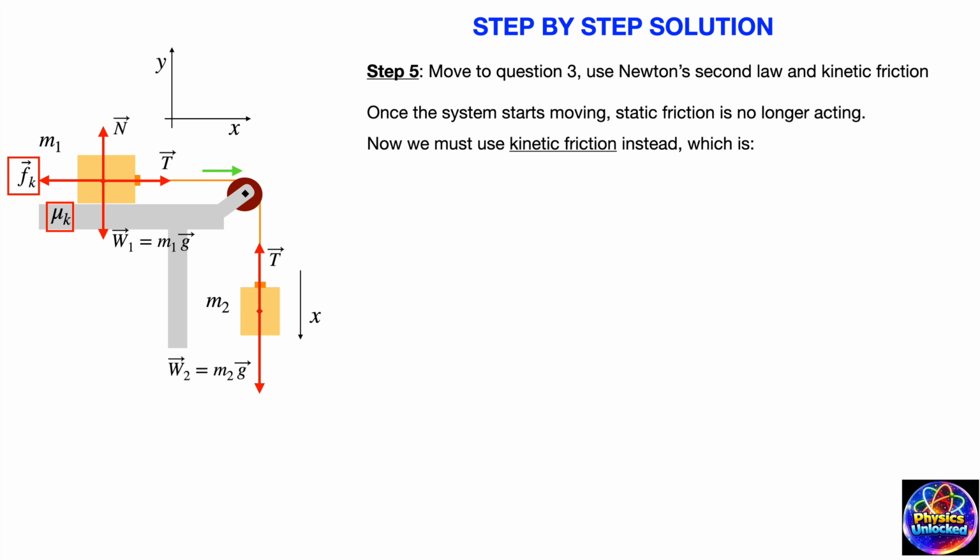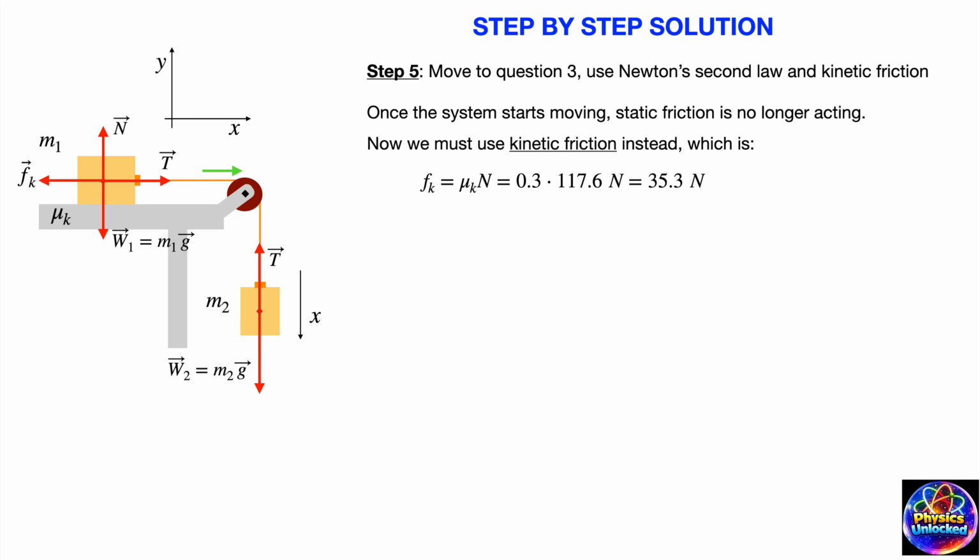So once the system starts moving, the static friction is no longer acting, and we must use the kinetic friction instead. And the kinetic friction is given by Fk equals mu k N this time. Okay, so we substitute Fs with Fk, we substitute mu s with mu k, and the relationship is the same.